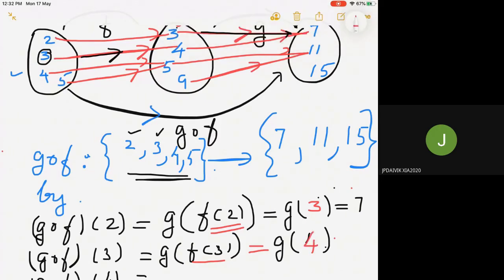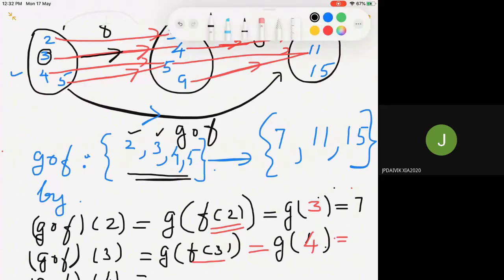Got it? Now g of 4. g of 4 means it is going here. Okay. Second function g of 4 is 7. So the final answer you are getting is 7.